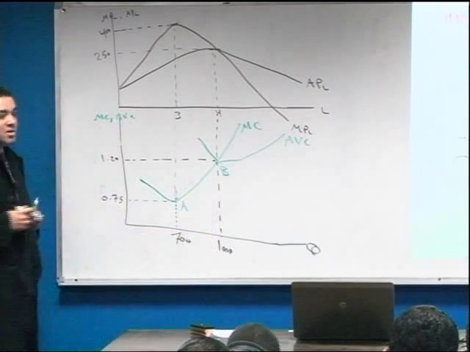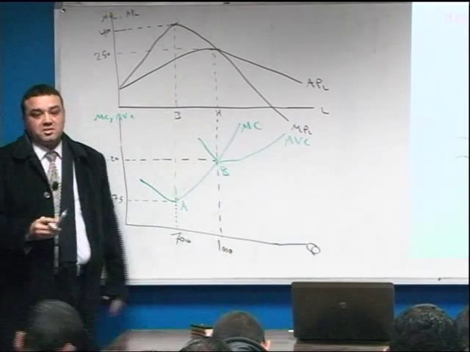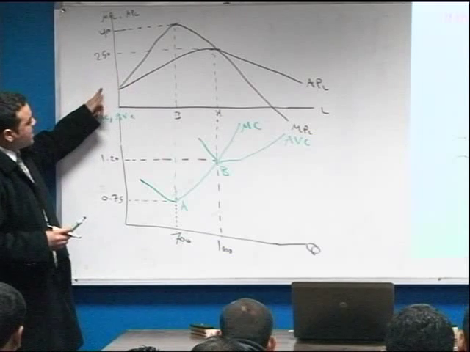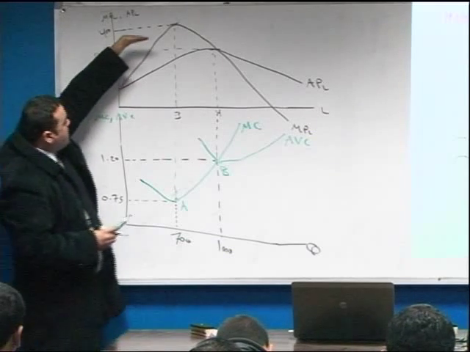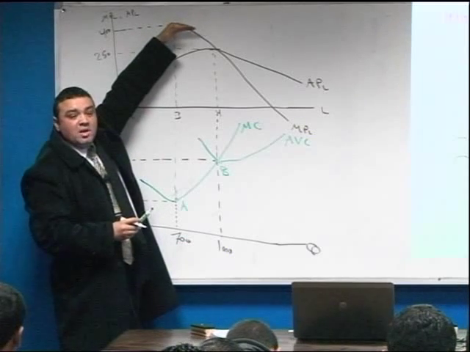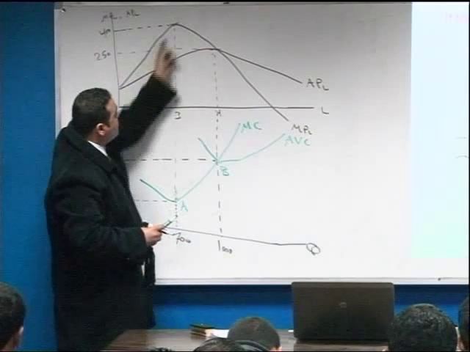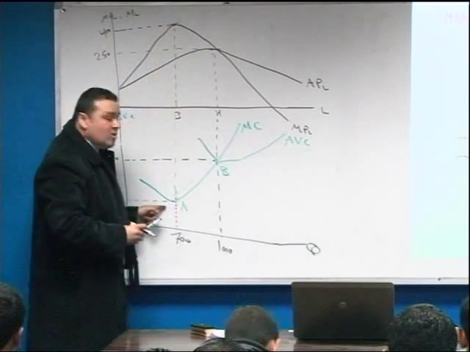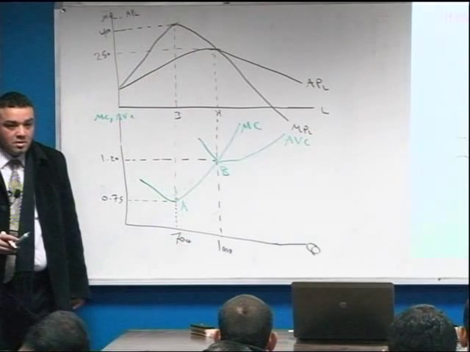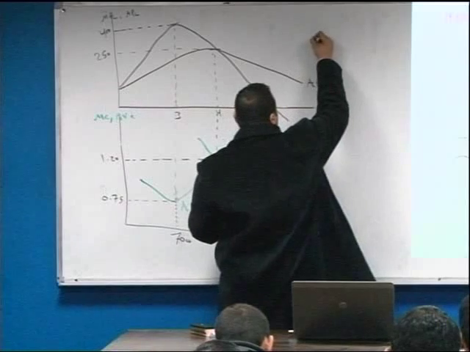So let's do a comparison between these two figures. What do you see? We can see that when the MPL reaches the peak, or its highest value, that is the minimum value of MC at this point, which illustrates the negative relationship between MC and MPL.